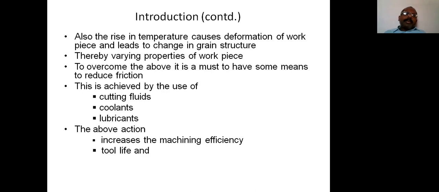By using cutting fluid and coolant, the chip produced is removed continuously, so the cutting tool moves over the surface to be machined without any obstruction. As the cutting tool moves without obstruction, the tool life increases.